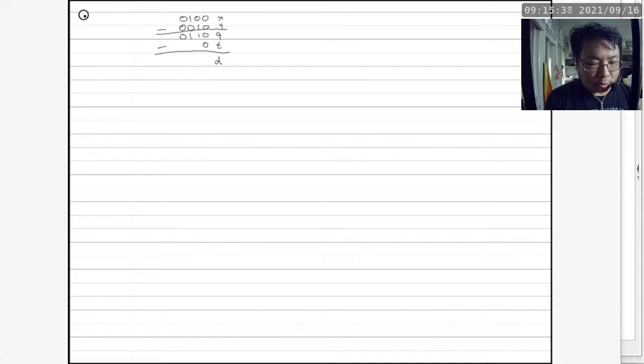T0 is assumed to be 0 because we are not chaining a bunch of subtractions. And then we have this has no borrow, this has no borrow, so the overall borrow from bit 1 is going to be a 0. And this is going to be 0, this is going to be a 1. Now we have 0 minus 1 being a 1 with a borrow of 1.